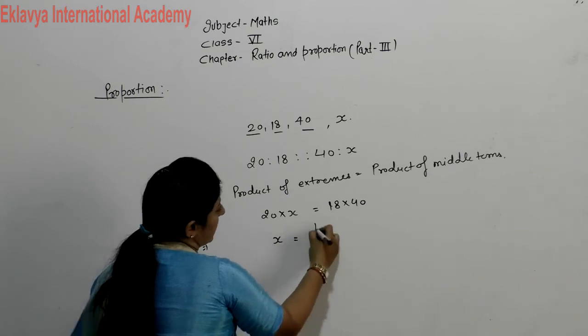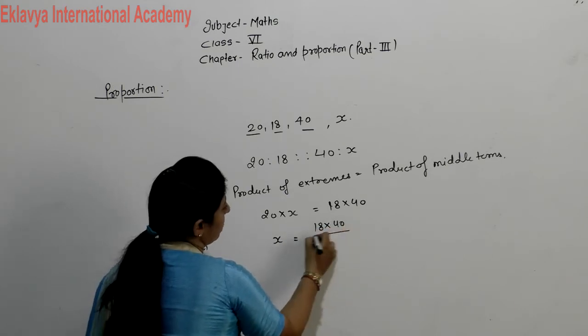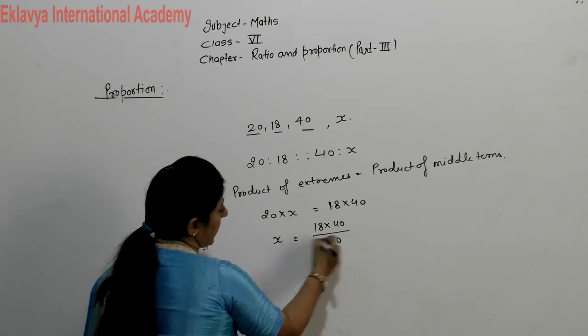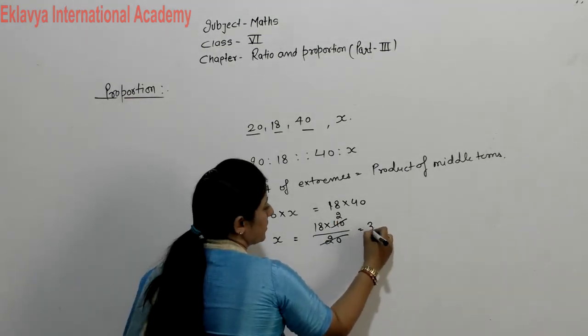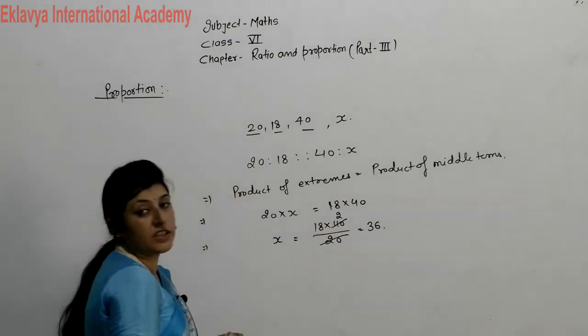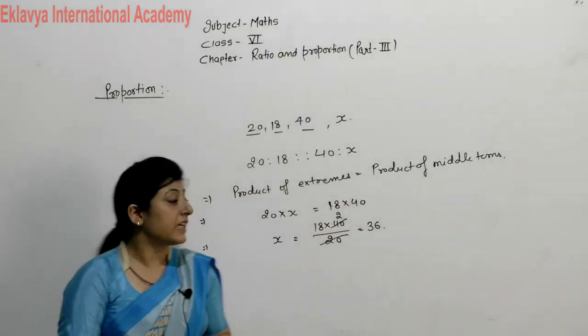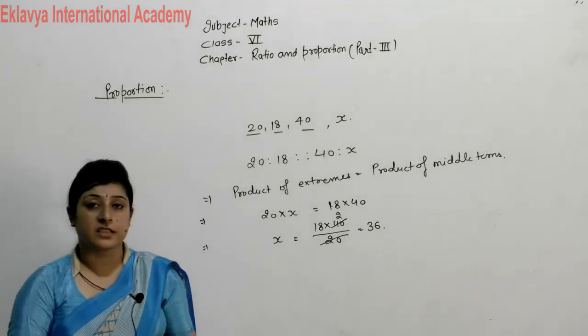Solve the equation. x is equal to 18 into 40 divided by 20. 20 twos are 40, then 18 twos are 36. Then what should be the fourth term? That is 36.